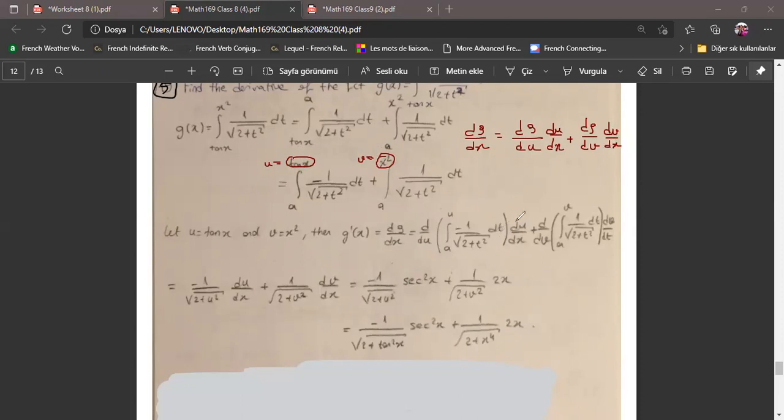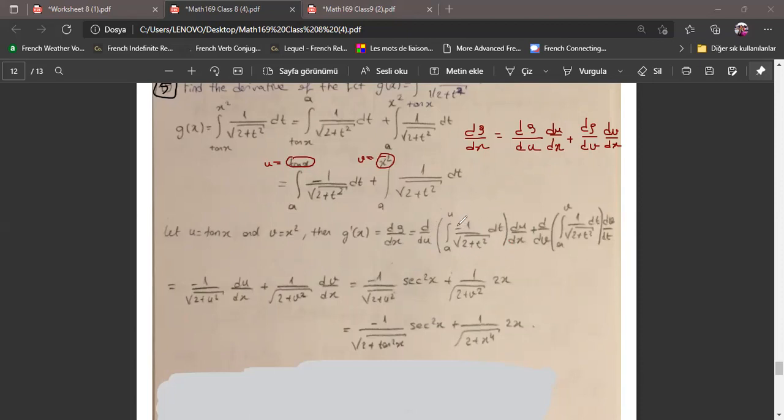As you see here, we have du over dx, dv over dx, and dg over dv, and dg over du, right? All right. Now, what do we have here? What's the derivative of this?